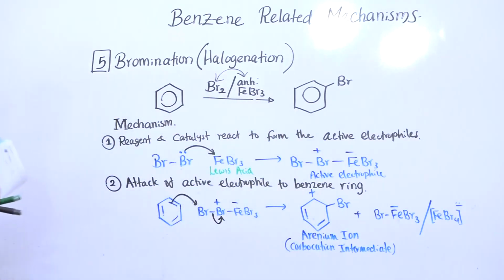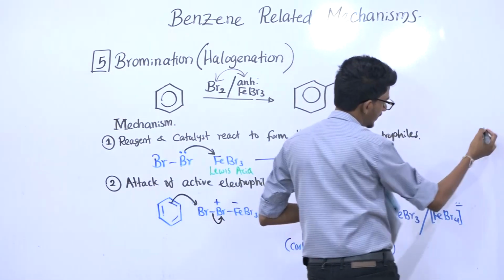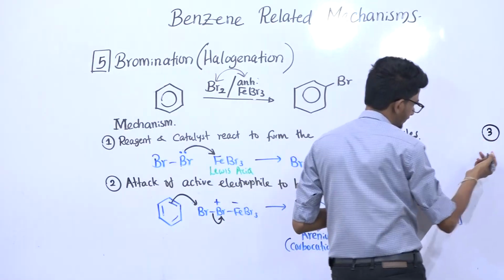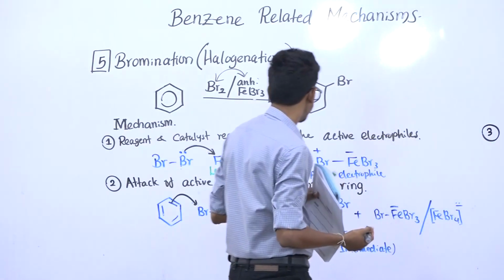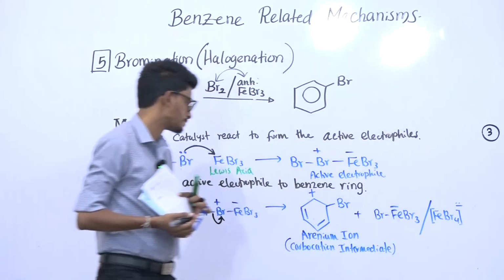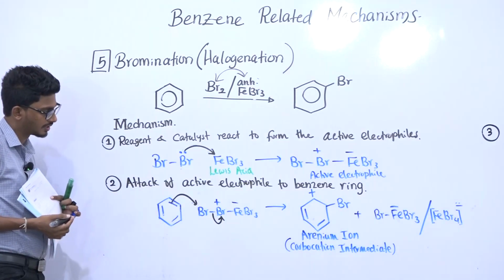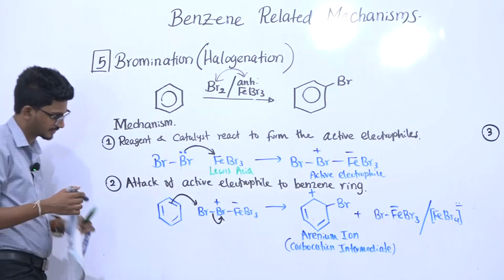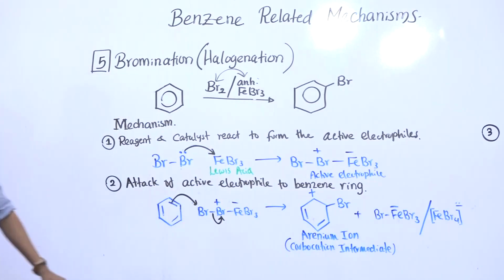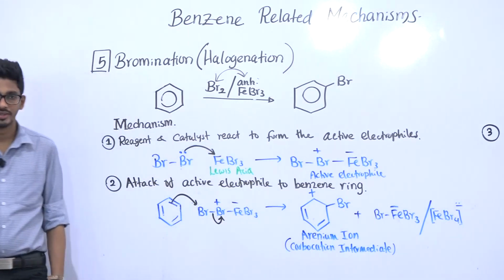Right then, third step. I write it here. Step number 3 is actually the resonance stabilization of the arenium ion. Sometimes in your answer scripts, marking schemes won't include that step, but in some A-level marking schemes that is also there to allocate marks.